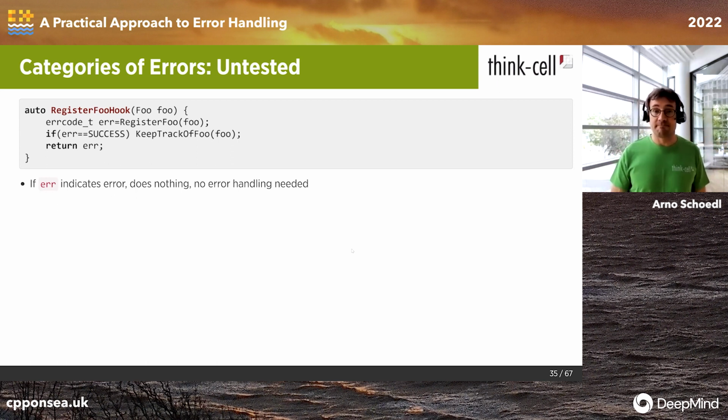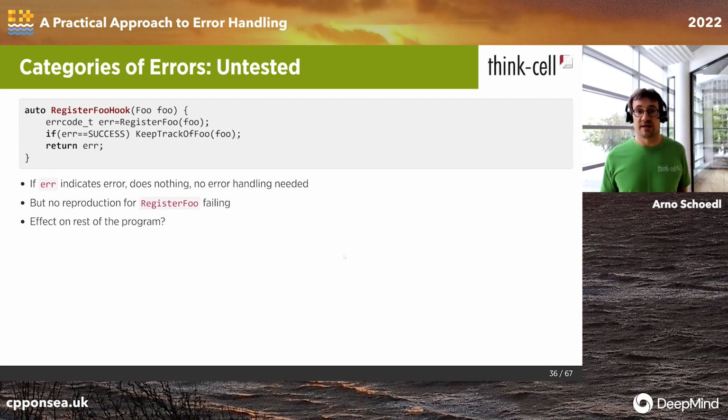But the thing is, maybe during testing, you never had a reproduction for register foo failing. It was always successful. And so you always kept track of foos. And the question is, if that ever fails, what kind of effect does it have on the rest of the program? Does the caller of register foo, which may not be you, since we program add-ins, so maybe in this case PowerPoint, call register foo and register foo fails?